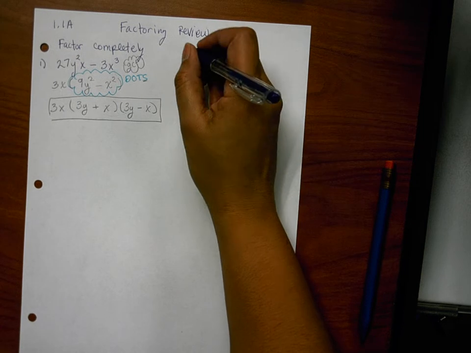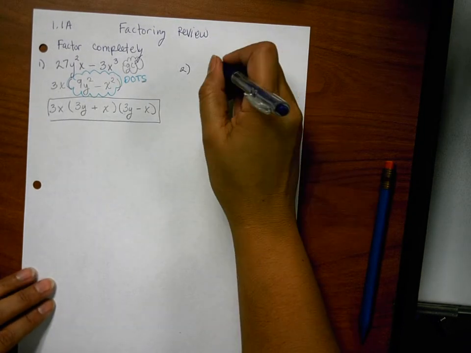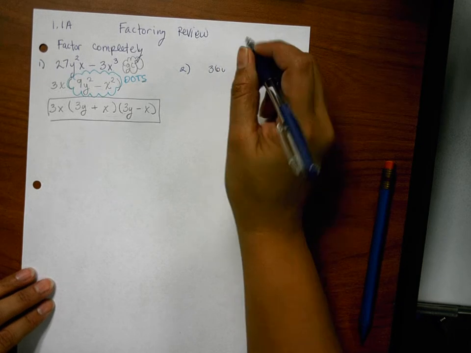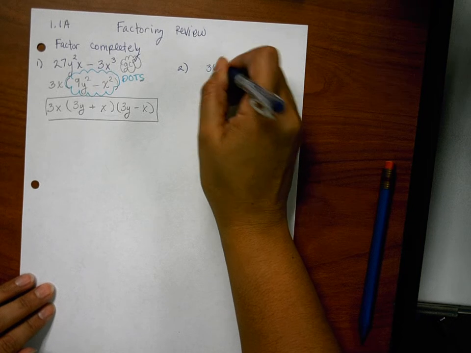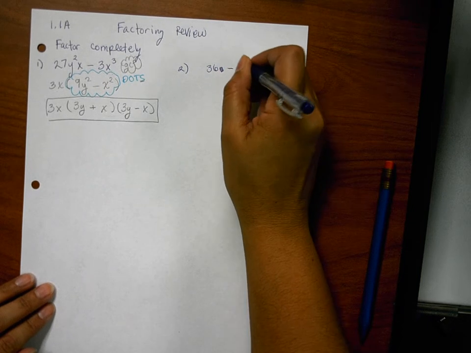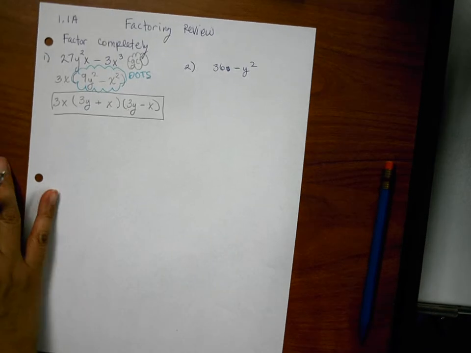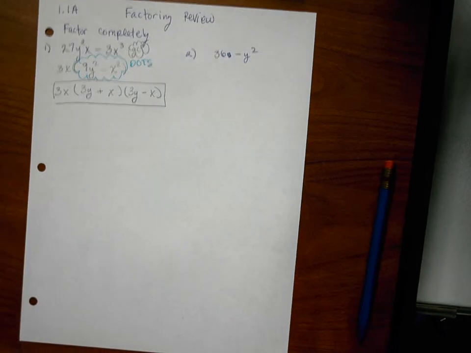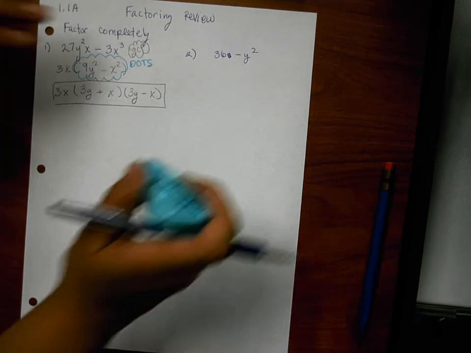Okay, number 2. 36 minus y squared. Okay, there are two terms. So again, it's not a trinomial factoring.